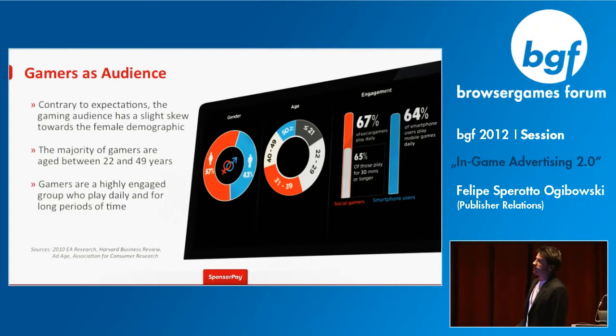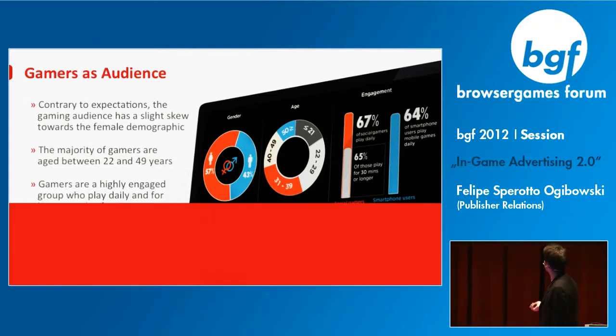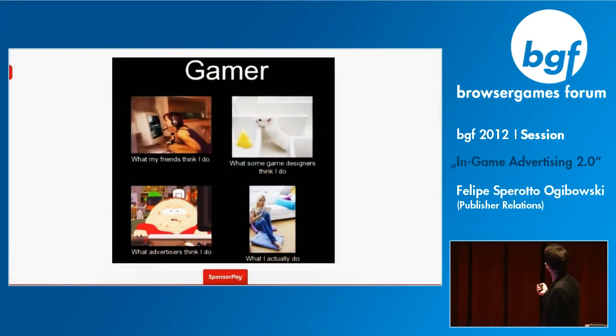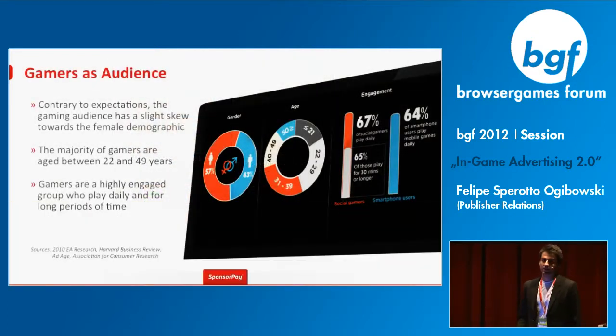And even though for this audience, like developers of browser games, you might still have users in this category, or this demographic here, what happens is that by this huge surge of users in mobile and in social, the whole demographics is shifted towards more female and older, and thus advertisers decide to invest.